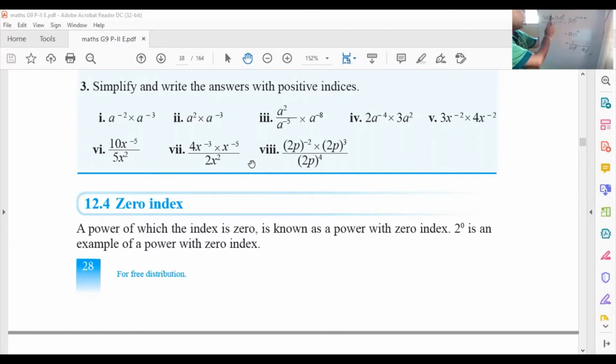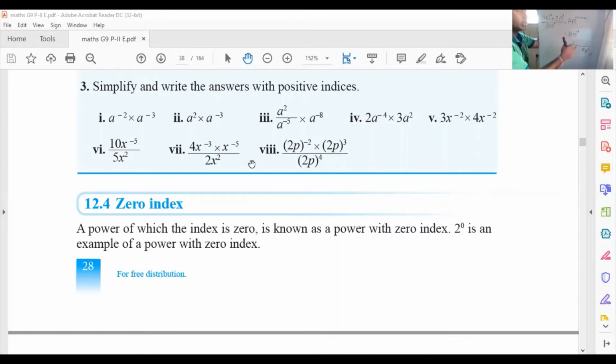Negative 2, addition 3, subtract 4. In the denominator, when we are dividing, it should be subtracted. These two indices should be added, right? Then 4 should be subtracted. Negative 2 addition positive 3 is negative 1. No, negative 2 addition positive 3 is positive 1.